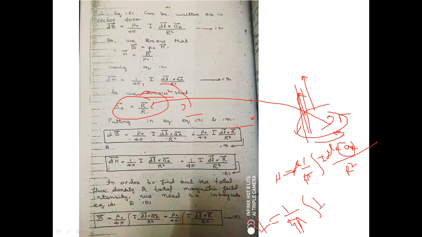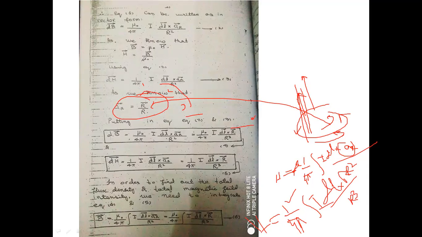The limits of the length will be put for this integration, I dl cross R over R cube. That will be the magnetic field intensity for the complete filament.